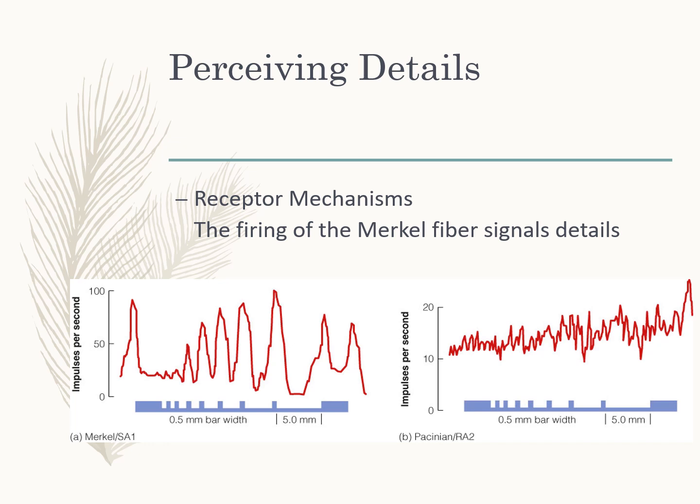So they're not firing very much. And it is obvious that it doesn't really matter whether this is a longer piece of bar, whether there's something narrow sticking up, whether there's something narrow sticking up by itself and not with a few others. The Pacinian corpuscles' firing rate isn't changing that much, so it isn't telling us about that detail.